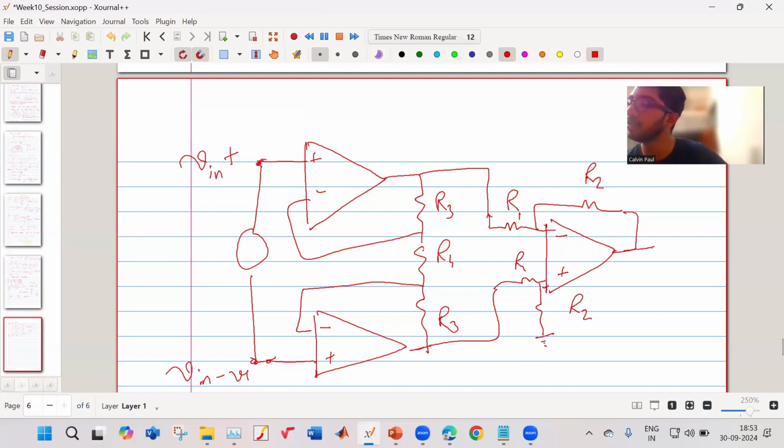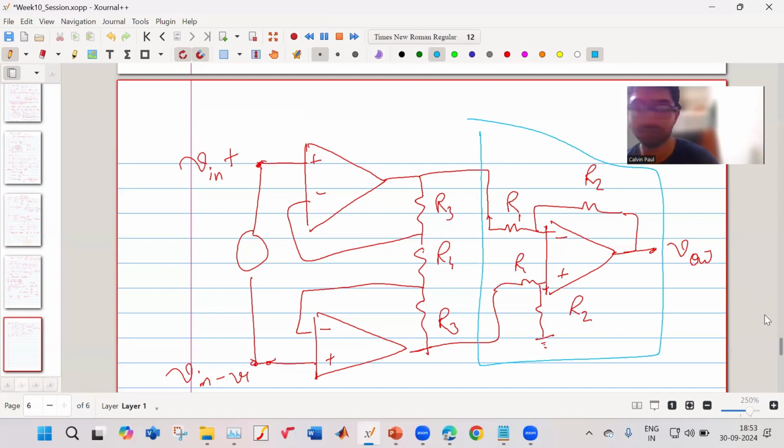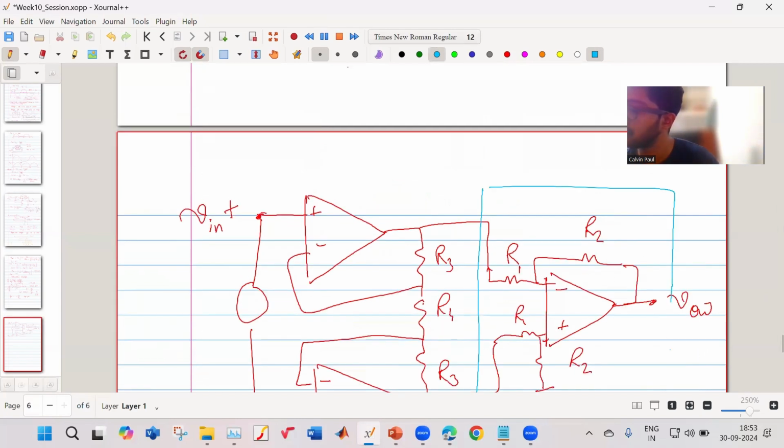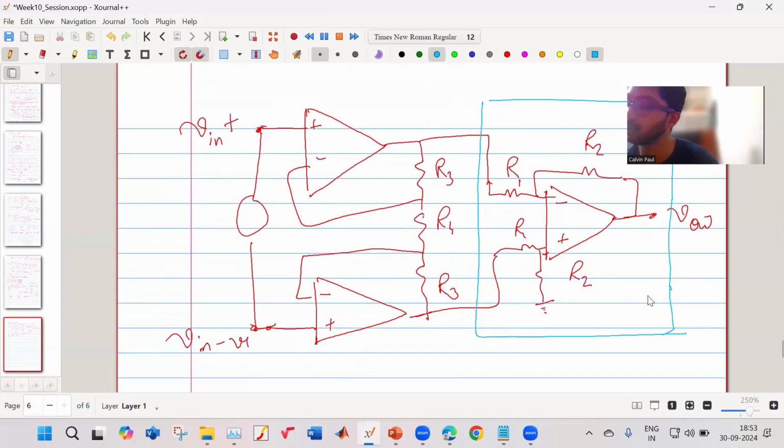Okay, so this is simple. This is your second stage. This is your stage 2, and it is a difference amplifier.